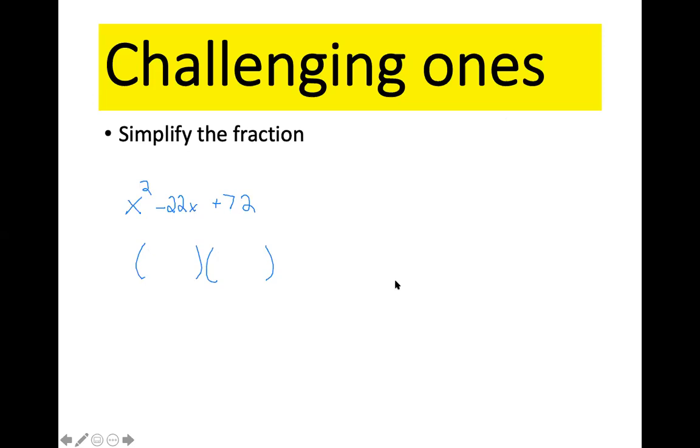I'm doing it in my head. 1 times 72, no luck. 2 times 36. And remember, this one's negative, right? So one of these would have to be negative. Well, they both have to be negative. 18 times 4. How did you get that before I did?